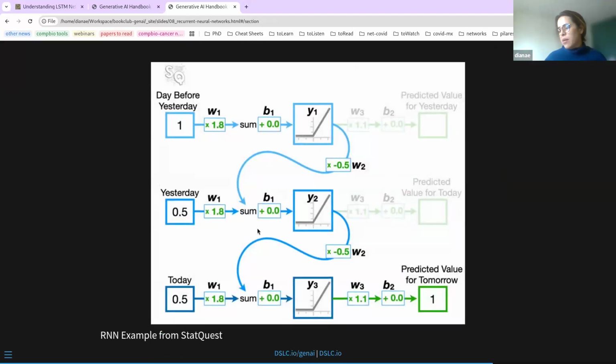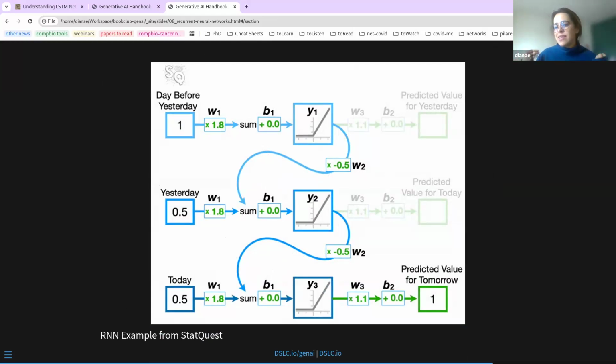In this very small example from StatQuest, we see that in this case that V vector will be this W2. This one is going to be the vector that connects one neuron to the next one. So yeah, it's a structure where our networks are connected.